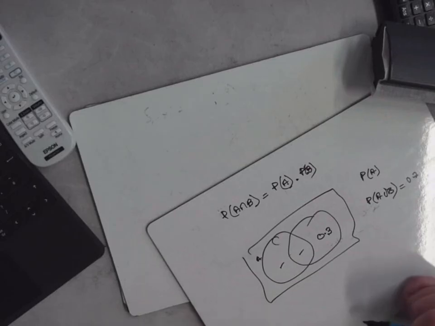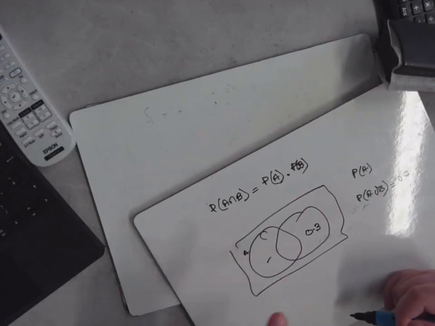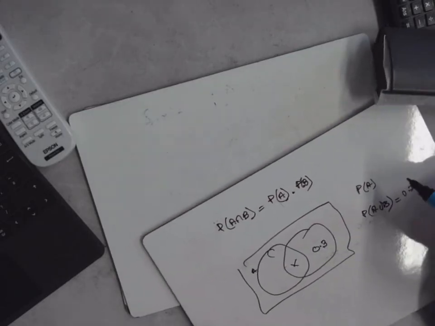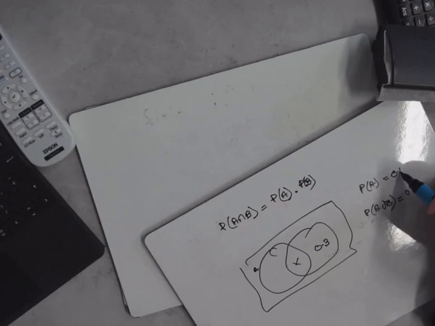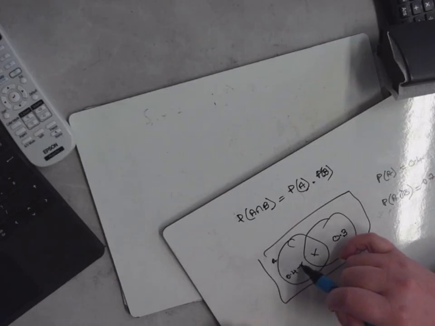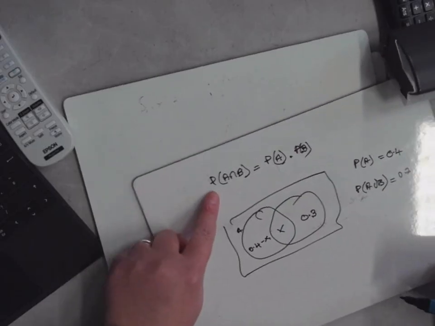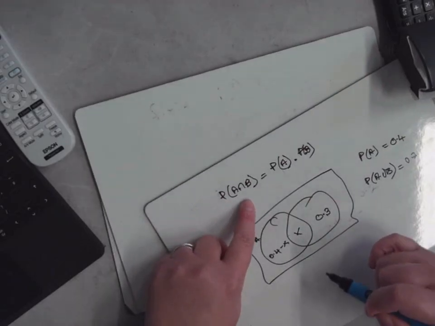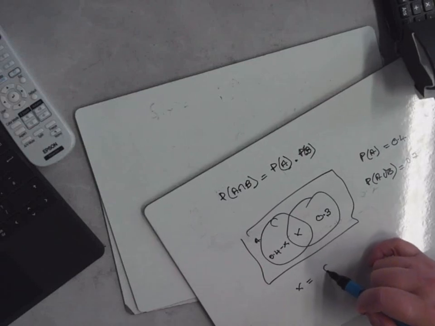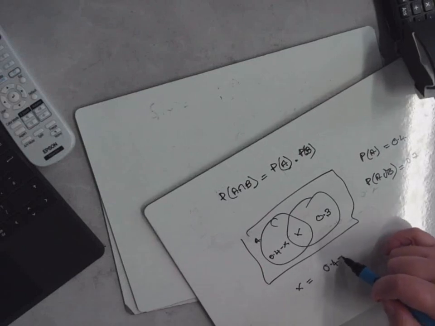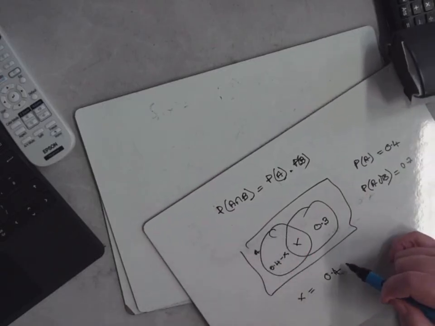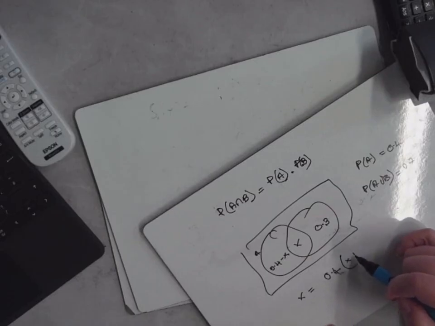Then I looked at their formula and didn't understand what they wanted me to do. So I decided I'd put an X in here, X in the intersection. The probability of A is 0.4 in total, so this bit here is 0.4 minus X. Then I filled out this formula: probability of A intersection B is X, equals the probability of A, which is 0.4, multiplied by the probability of B, which is X plus 0.3.